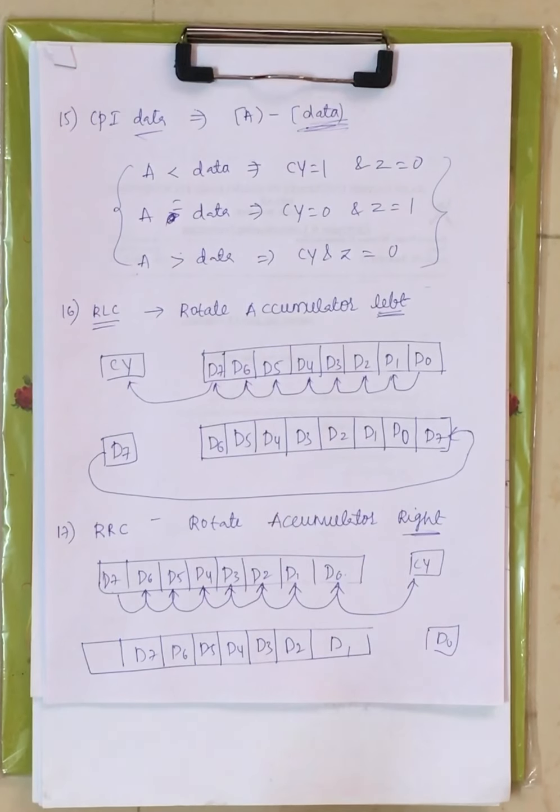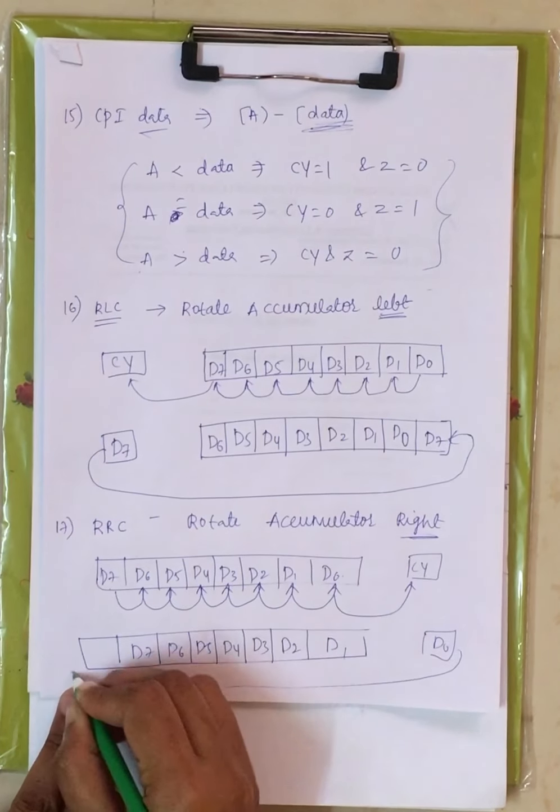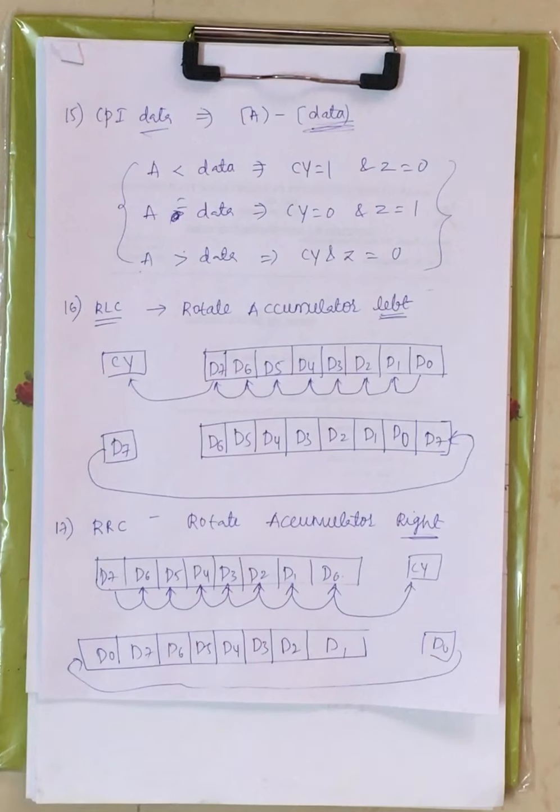We are shifting adjacent right by one position, and the last bit is rotated. Under left we rotate D7; under right we rotate D0. Now this is about the RRC instruction.